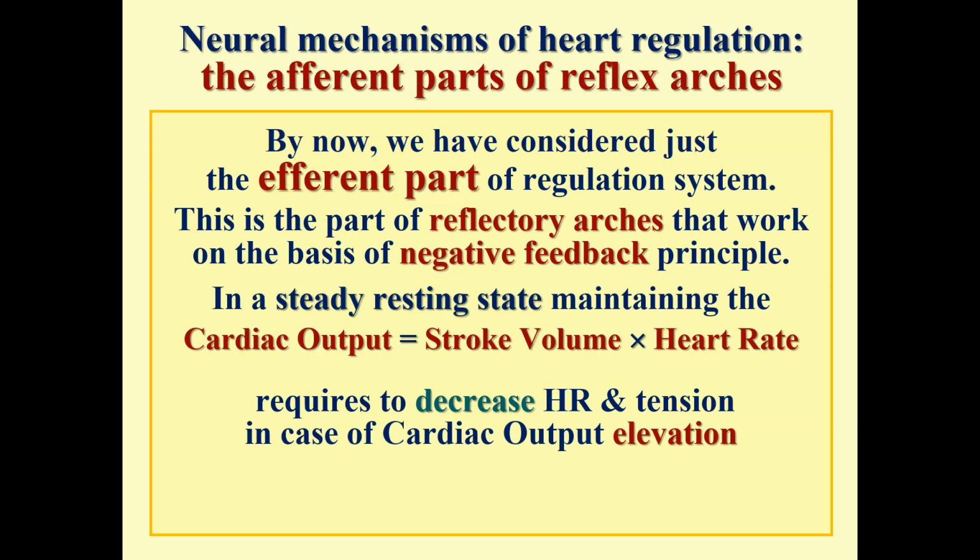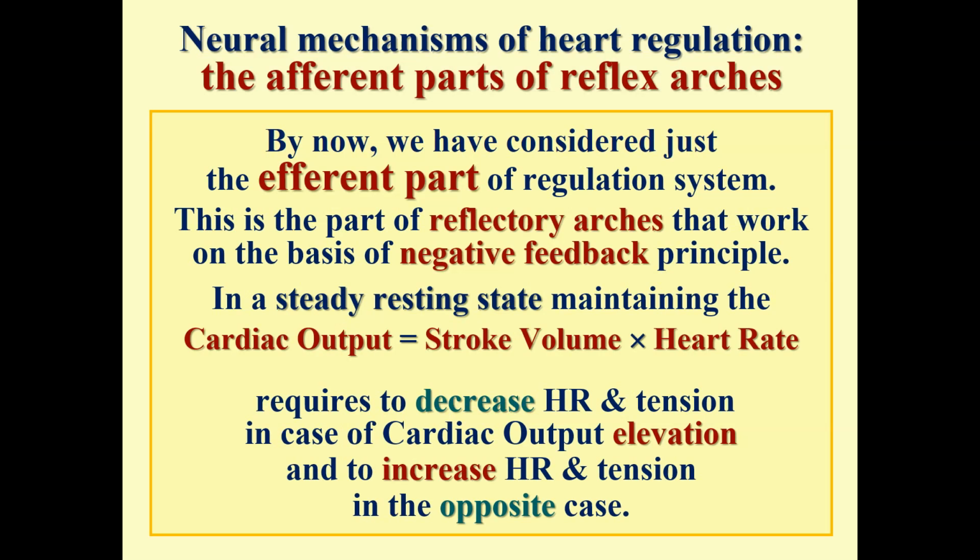And then cardiac output comes back to normal. Or we need to increase heart rate and tension of the contraction in the opposite case, when cardiac output decreases and we need to restore it back to normal, make it higher. We need to increase both stroke volume, which is determined by force of contraction of the heart, and heart rate. This is clear, easy, negative feedback.